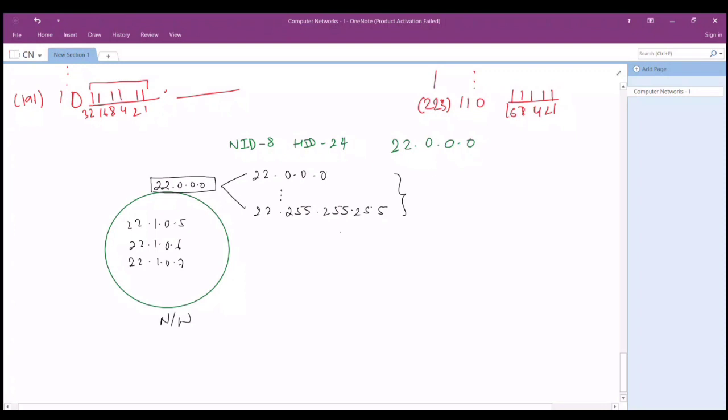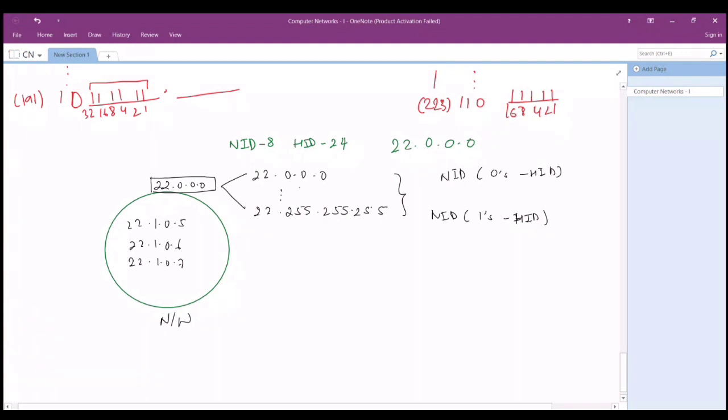So the first and the last IP addresses, the network ID followed by zeros in the host ID part and the network ID followed by ones in the host ID part, are reserved, and all the other IP addresses are used by the hosts present in that particular network.